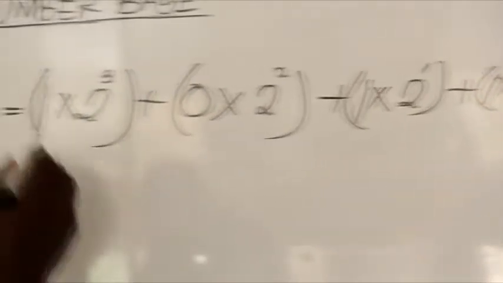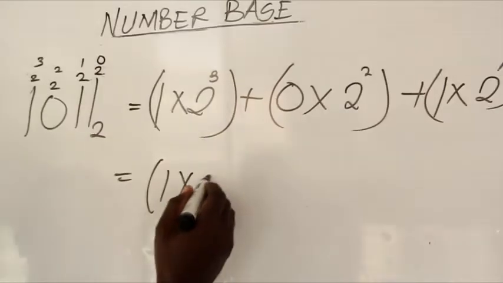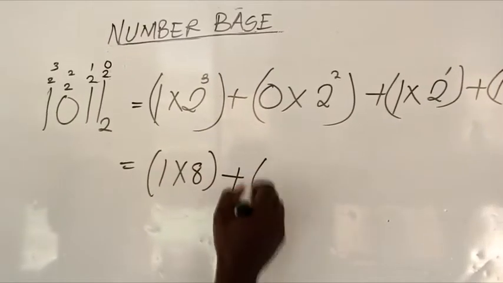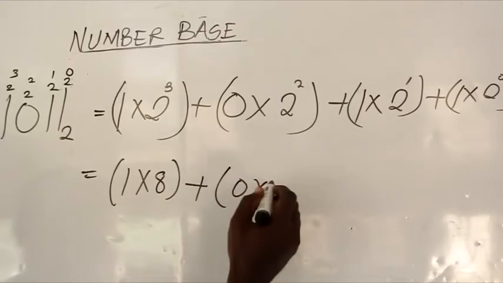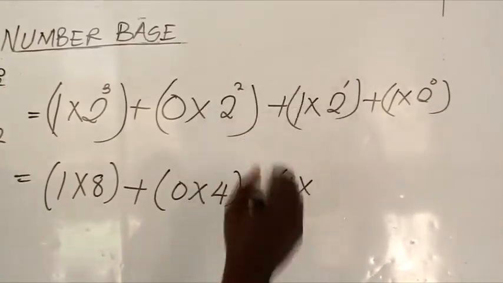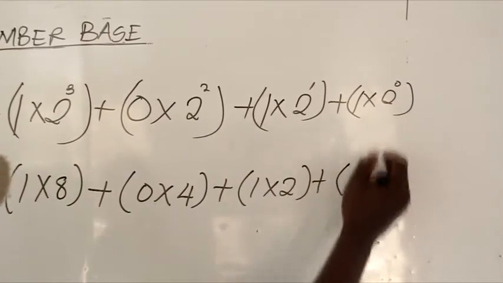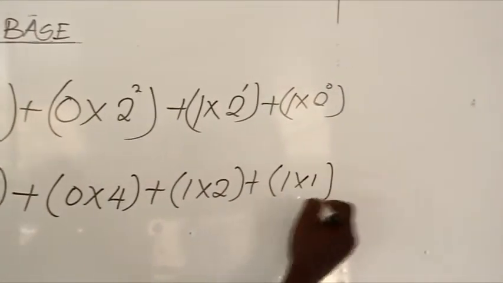This is equal to 1 times 2 raised to the power of 3, which is 8, plus 0 times 2 raised to the power of 2, which is 4, plus 1 times 2 raised to the power of 1, which is 2, plus 1 times 2 raised to the power of 0, which is 1.